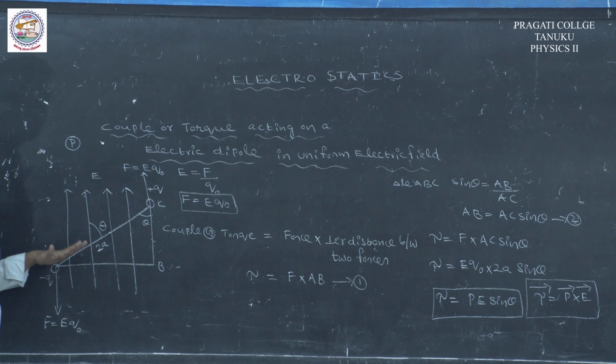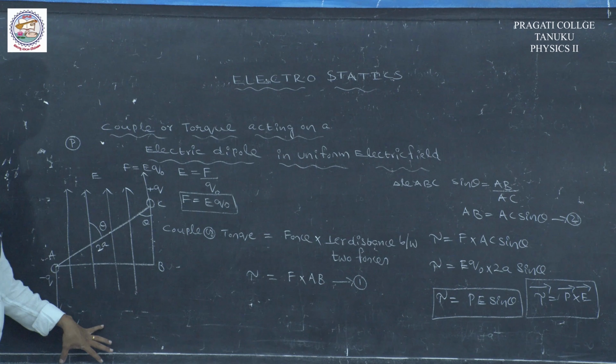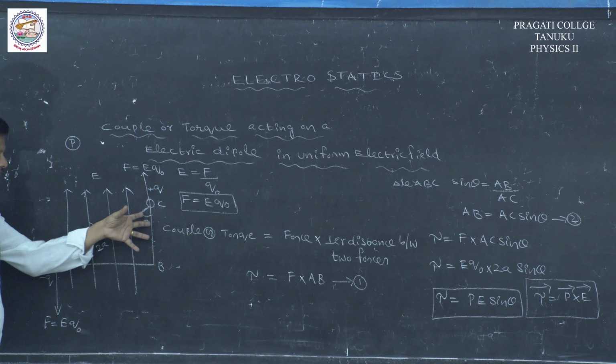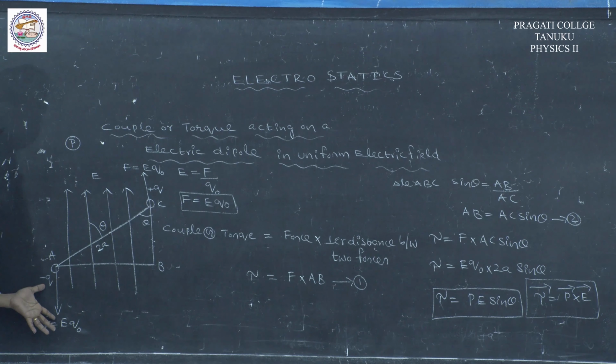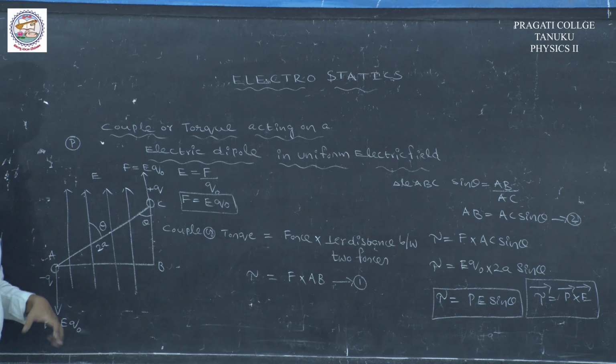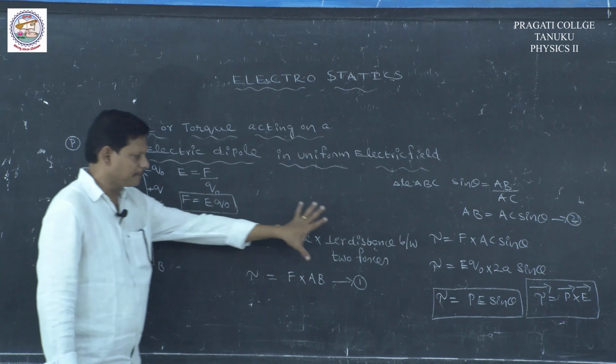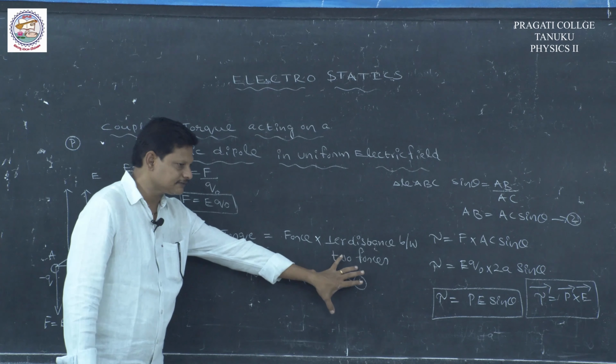Consider an electric dipole placed in a uniform electric field. Dipole means one is a positive charge, another is a negative charge. Both experience forces of equal magnitude and opposite direction, so they constitute a couple. Couple is nothing but a force into the perpendicular distance between the two forces.